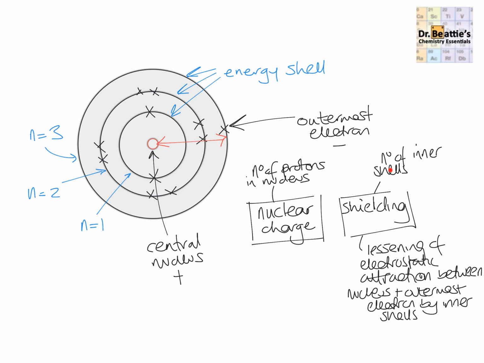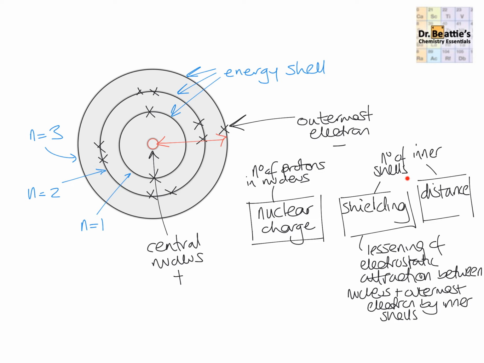Finally, if we increase the number of inner shells, we're also increasing the distance between the positive nucleus and the outermost electron, and attraction drops off as distance increases.